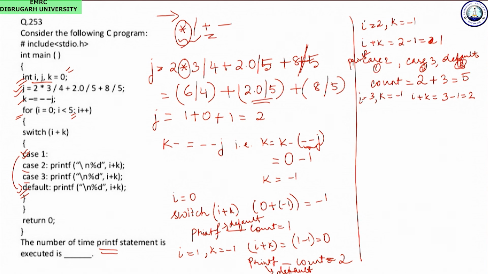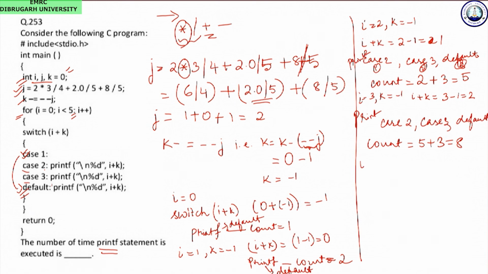So again case 2, case 3, and default will be printed. Same as before. So here your count is equal to 5 plus 3 is equal to 8.